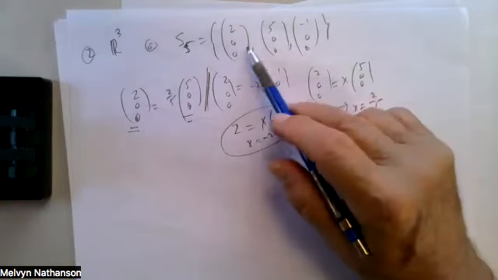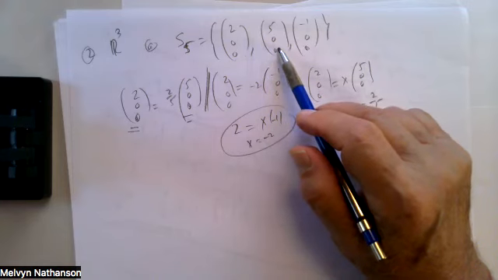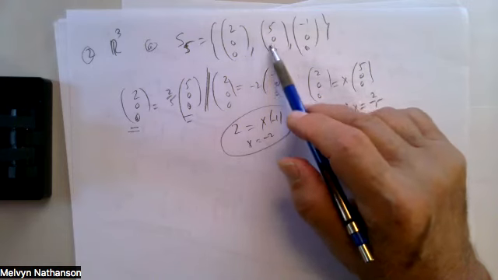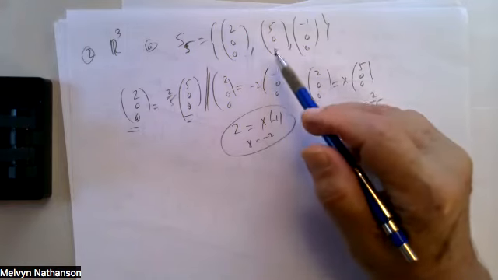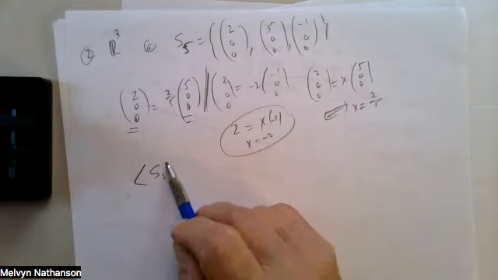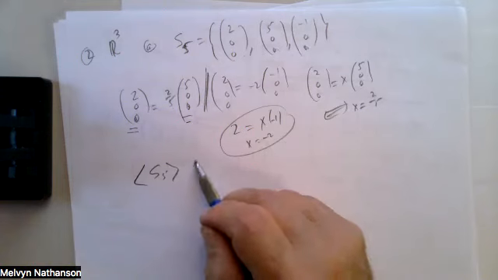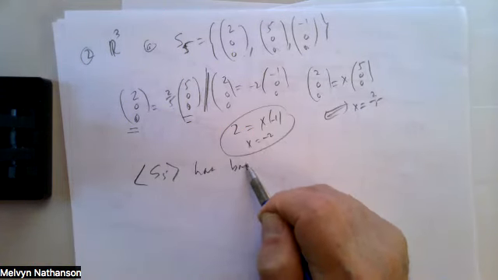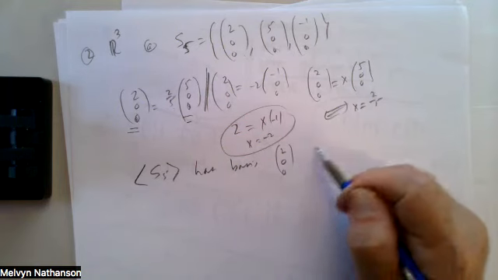And so these three vectors, not only are they linearly dependent, but each is a scalar multiple of each of the others. So the subspace generated by S5, any one of these can be a basis. You can choose any one, like (2, 0, 0), for example.